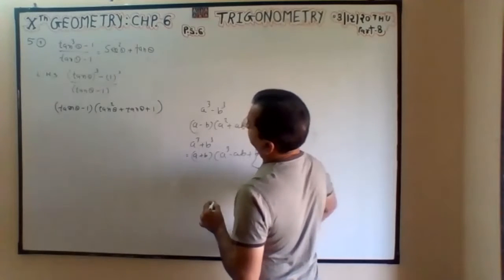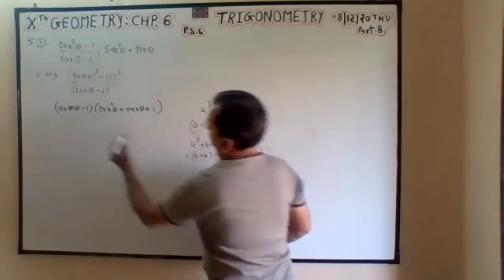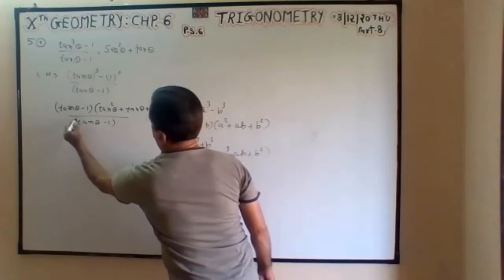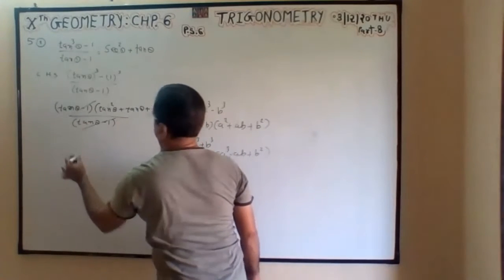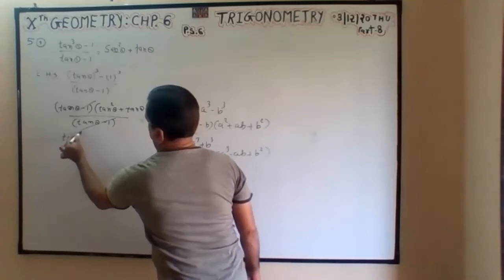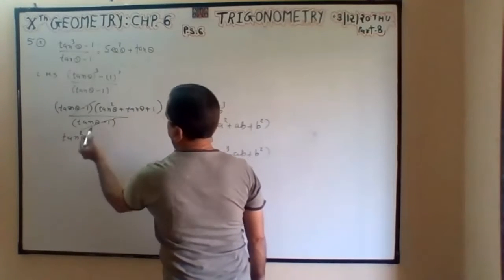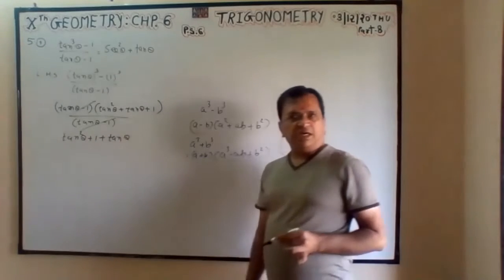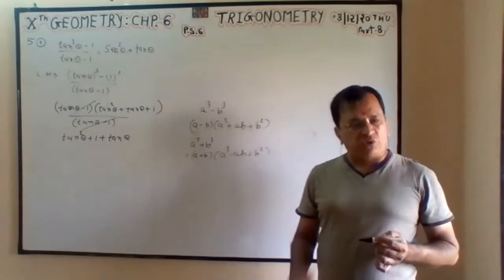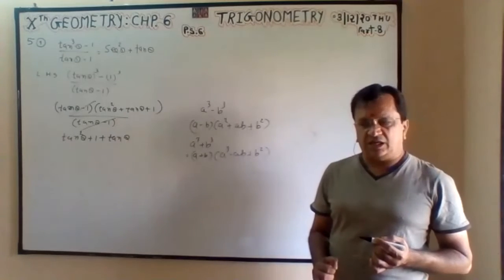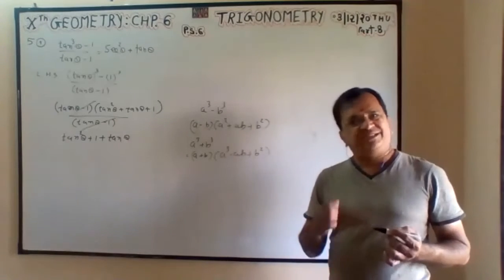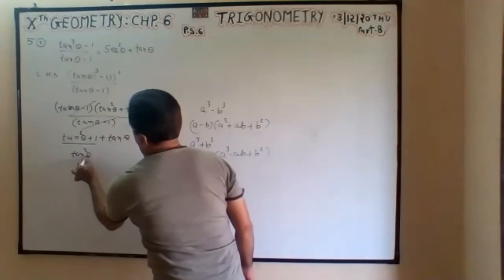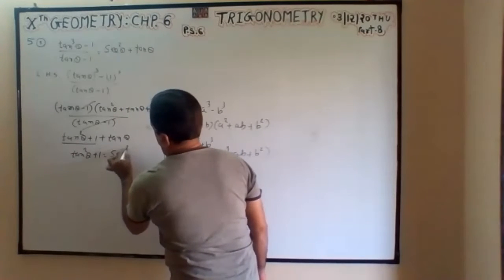Now divide by the same, tan theta minus 1. So tan square theta, I am changing the sequence: tan square theta plus 1 plus tan theta. And identity number 2 is tan square theta plus 1 is equal to sec square theta.